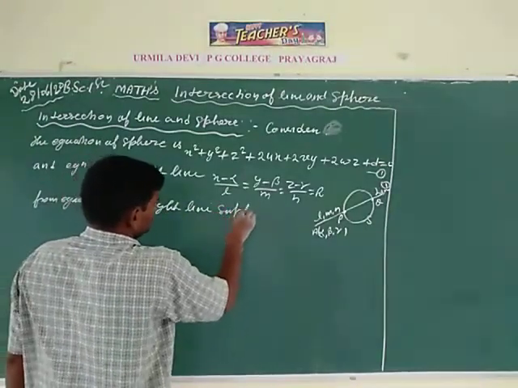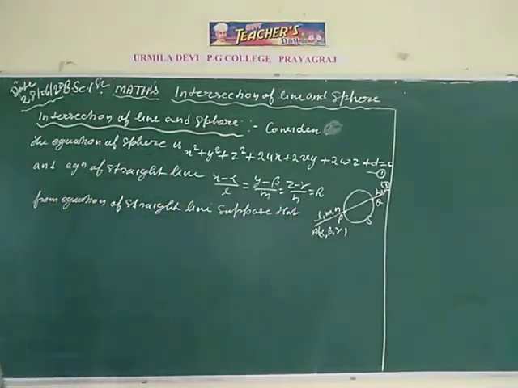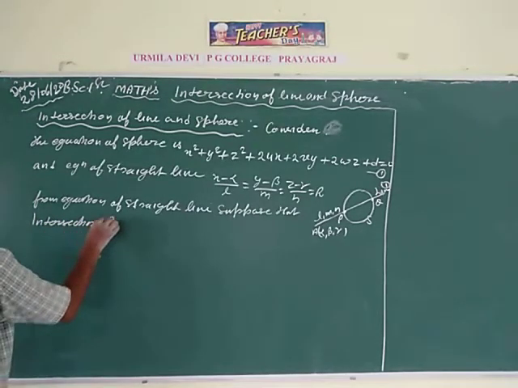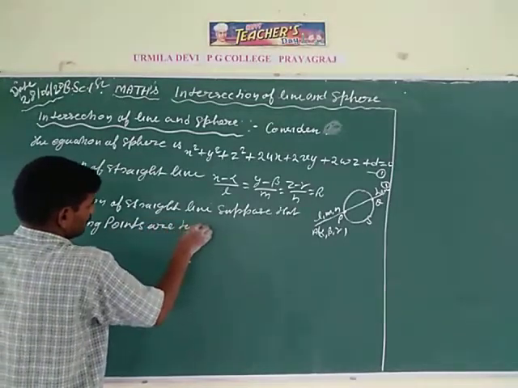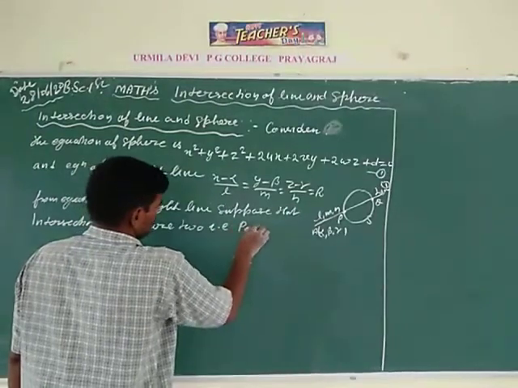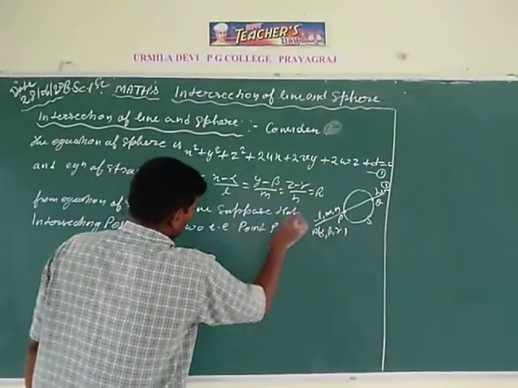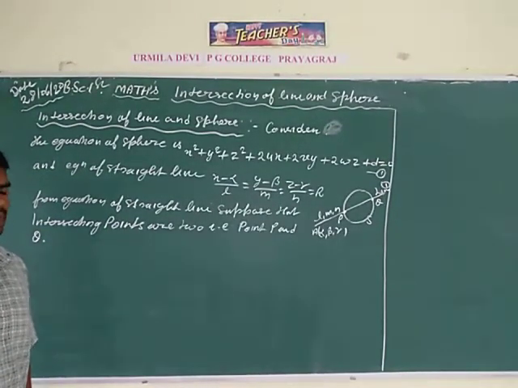Suppose that the intersecting points are 2 points, that is point capital P and point capital Q. So here the problem is to find the coordinates of the intersecting points capital P and capital Q.